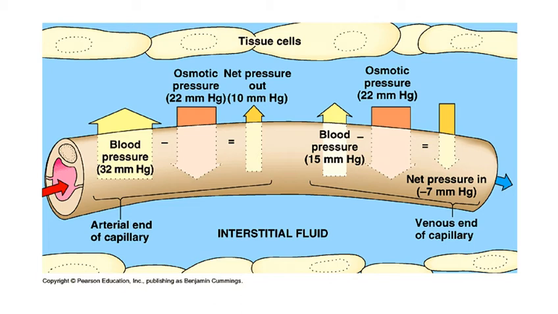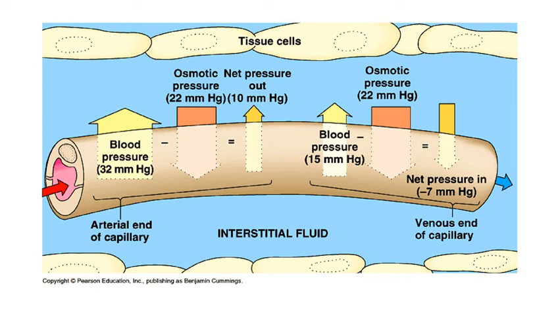What doesn't change, however, is the osmotic pressure. It stays at a consistent 22 millimeters of mercury the whole time. The reason is that what determines the osmotic pressure is the concentration of big solutes in the blood, like albumin and other blood proteins.